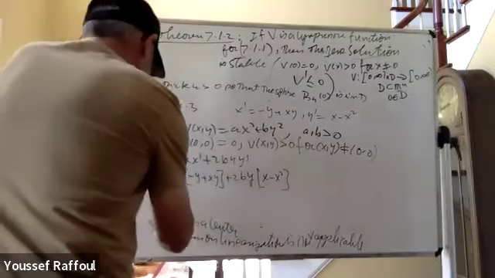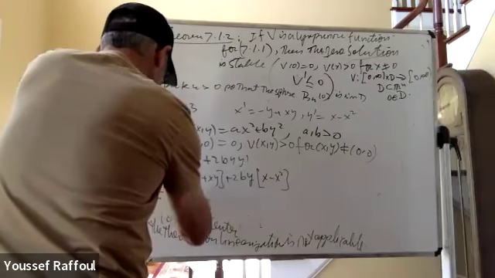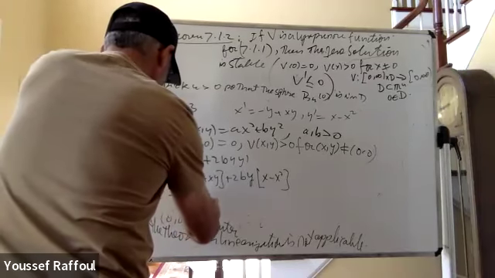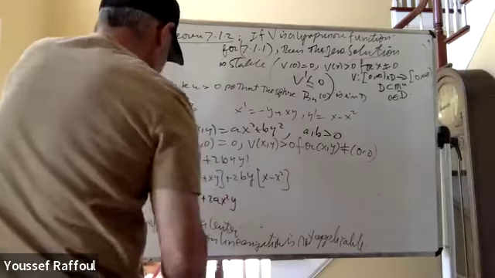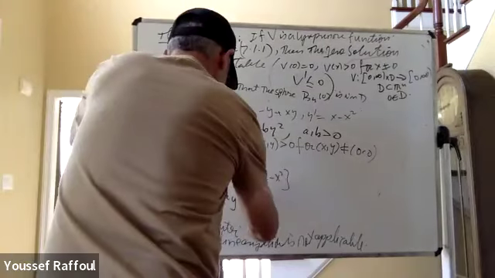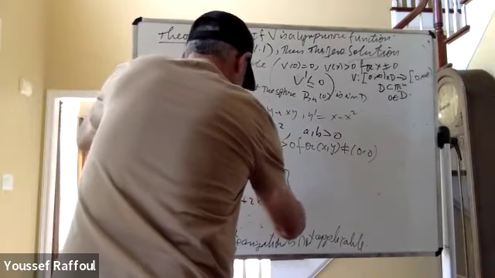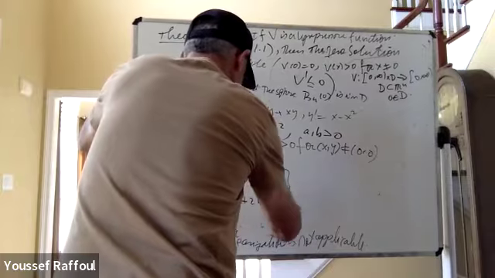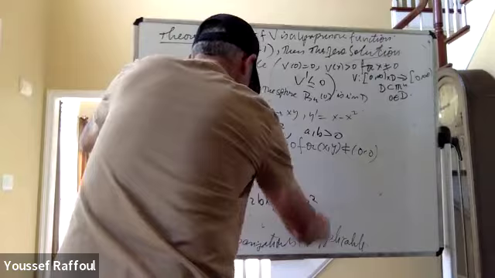That is minus 2a x y plus 2a x squared y plus 2b x y minus 2b y x squared.